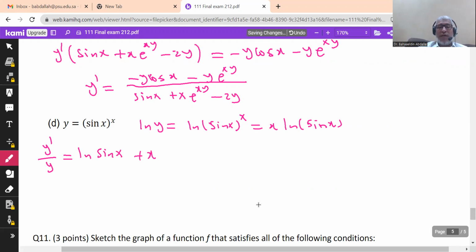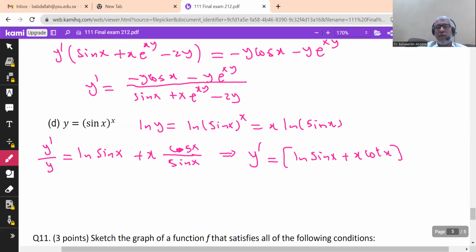The derivative of ln sine is 1 over sine times the derivative of sine, which is cosine. So the final answer, y prime, would be ln sine x plus x. Cosine over sine is just cotangent, times y, which is sine x to the power x.